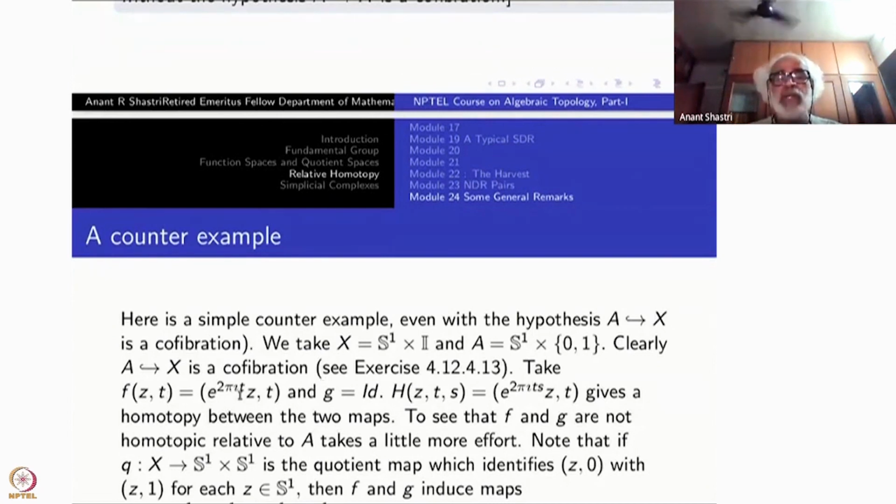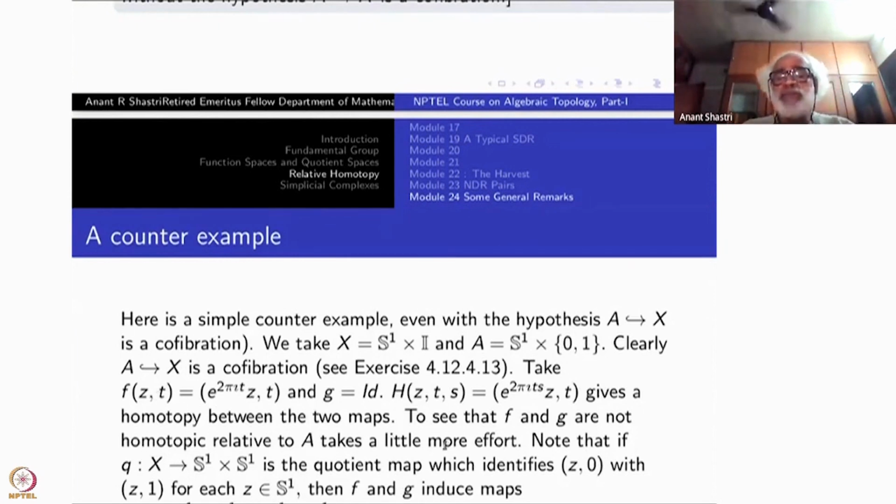F of (z, 0), f of (z, 1), okay, (z, 0), (z, 1), whatever. Okay, so take this, and G to be the identity map of S1 cross I to S1 cross I. All right. So F is a map from X to X.